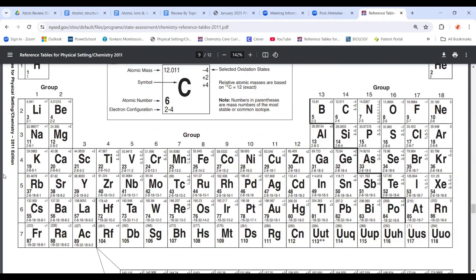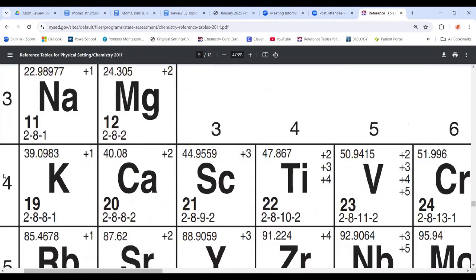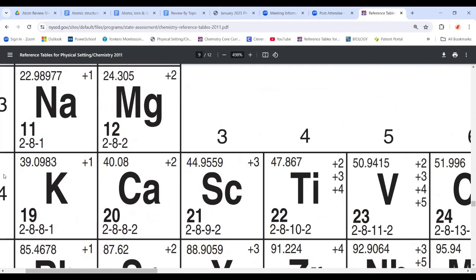The 2 atoms I'm comparing are magnesium and calcium. If you look at their electron configurations, magnesium has 3 energy levels, and calcium has 4 energy levels. And that's all there is to it. Calcium will have a slightly larger radius than magnesium.